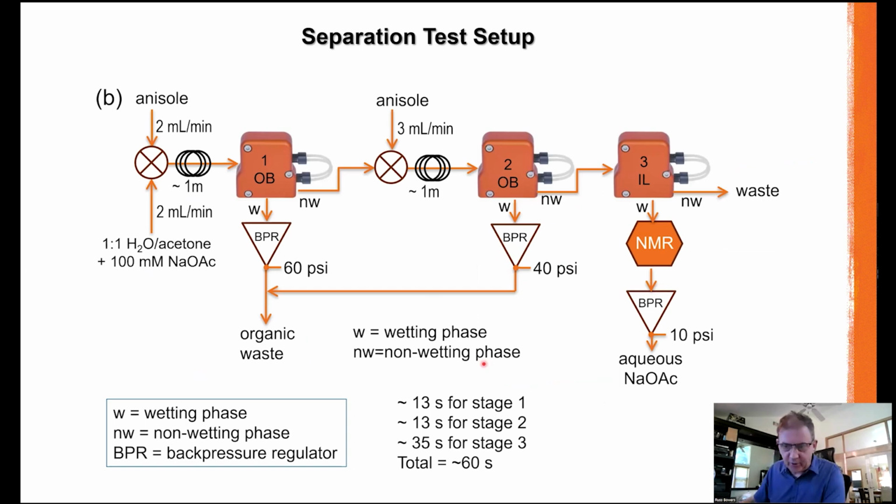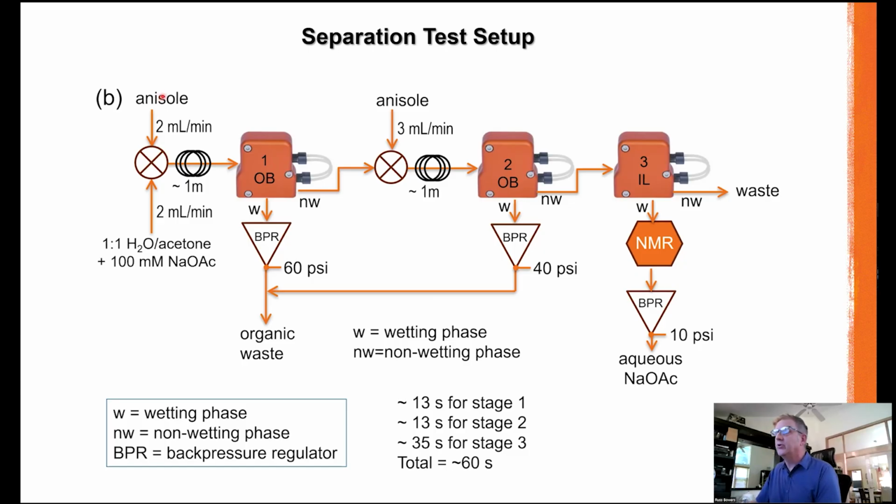Now, we did a separation test by multi-stage extraction of a 1-to-1 water acetone mixture. We've moved away from MTBE to anisole, which has shown better efficiency for removing acetone and separation. It has a larger surface tension than MTBE.